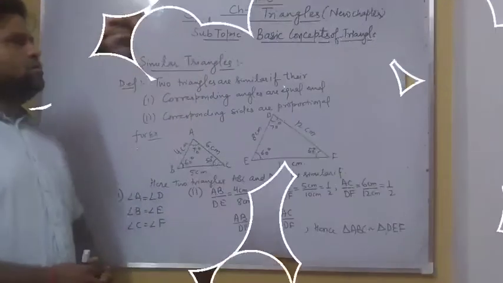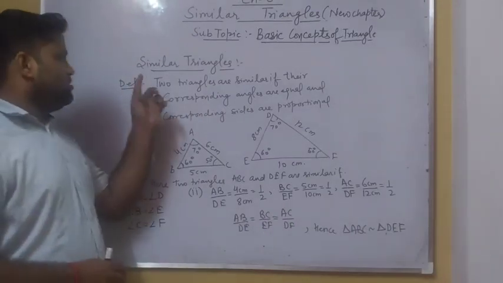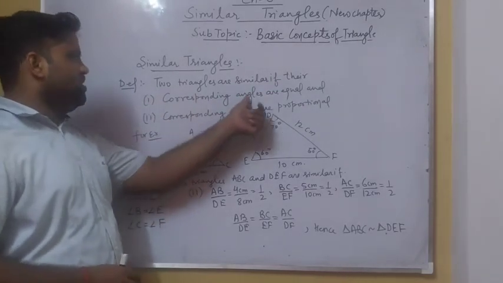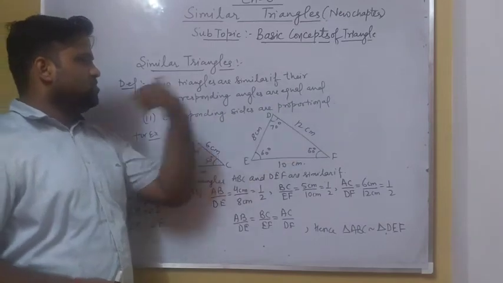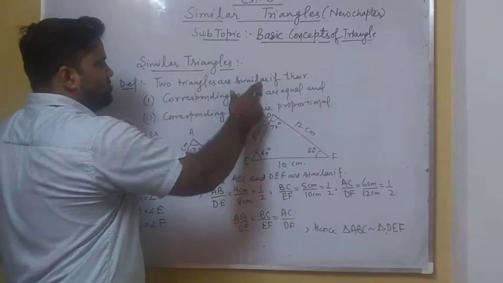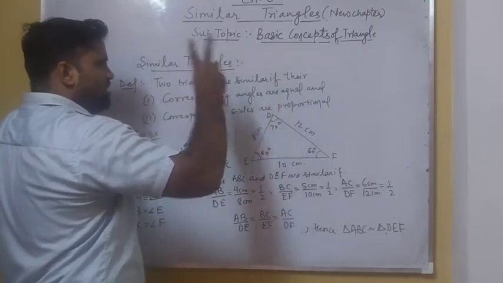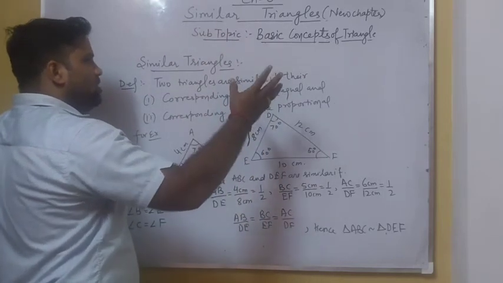Now the concept of similar triangles. In the definition, two triangles are similar if, first, their corresponding angles are equal and, second, their corresponding sides are proportional. What does this mean? Let us understand. Two triangles are similar if their corresponding angles are equal, meaning that we have two triangles whose corresponding angles are equal.